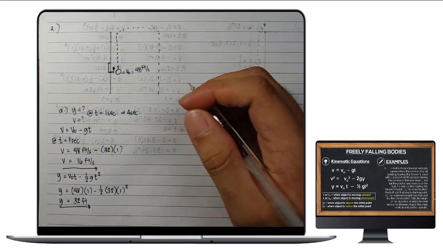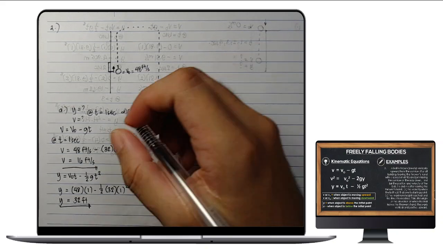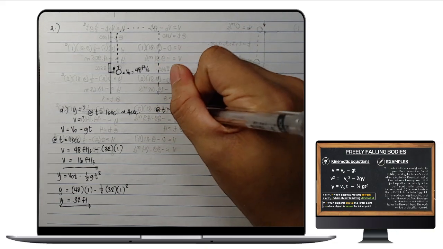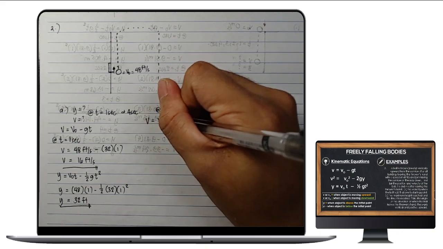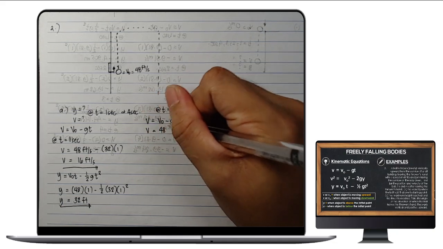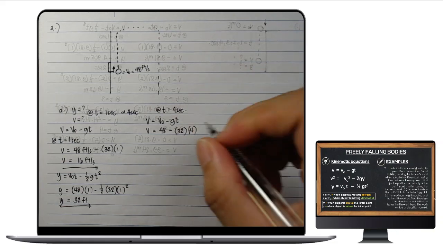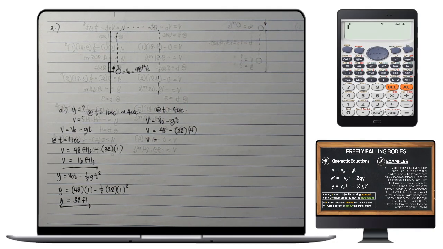Okay? So, let's find the position of the ball after 4 seconds. At t equal to 4 seconds, our velocity is again v o minus gt. So v is equal to 48 minus 32 times 4. Let's use a calculator to be faster.